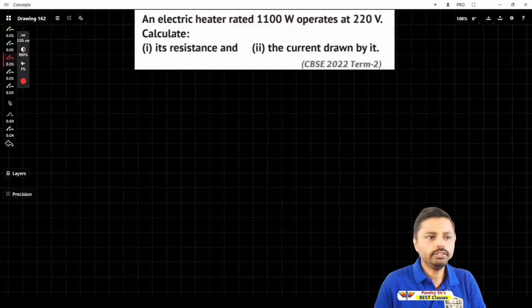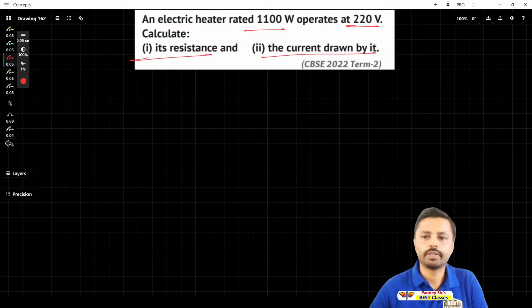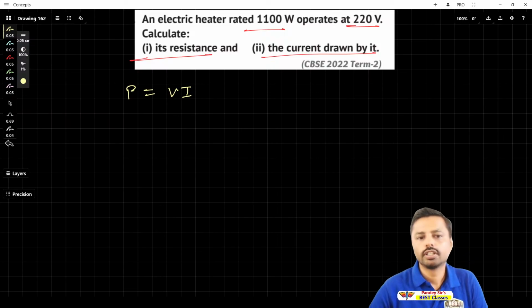In this question, you are given a heater of 1100 watt, voltage is 220. They ask for the resistance and the current drawn by it. So which formula is it? P equal to VI, or power equal to voltage into current.